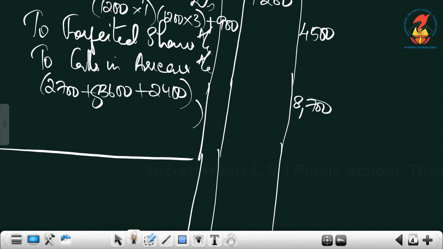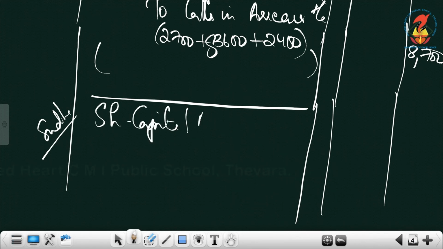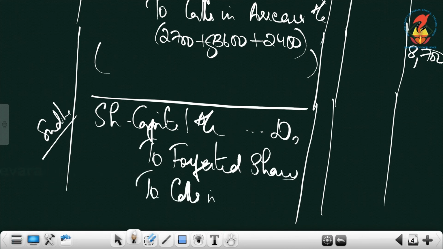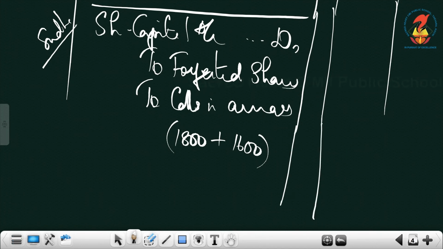So the entry will be share capital account debtor to forfeited shares account, to calls and arrears. Calls and arrears, look into individual calculation of Sudha. She failed to pay the first call money of 1800 and the second call money of 1600, isn't it? Yes, so altogether it is 3400 as calls and arrears.